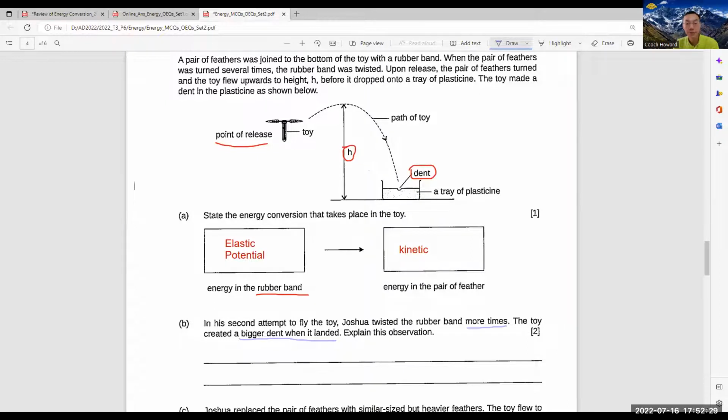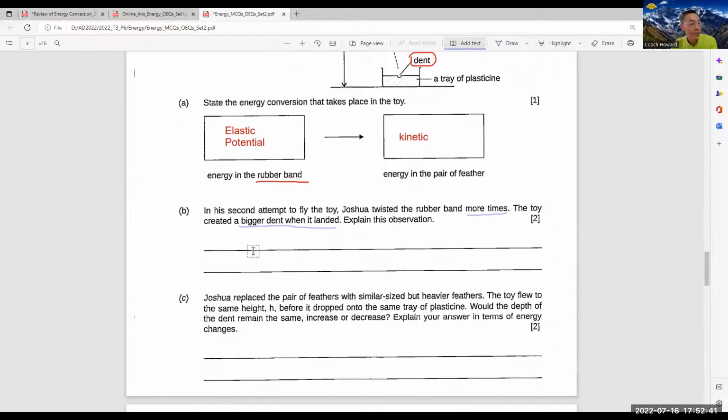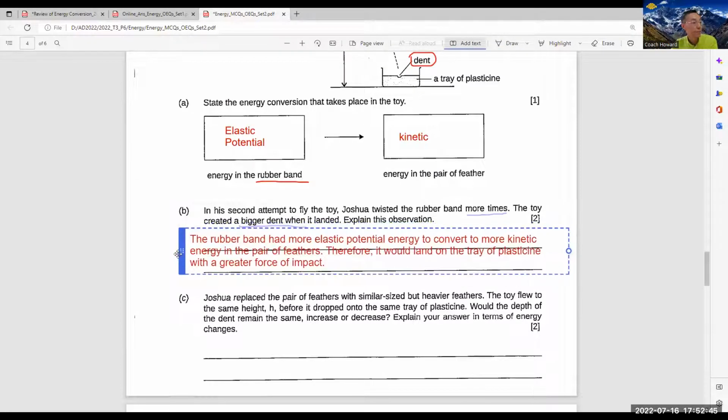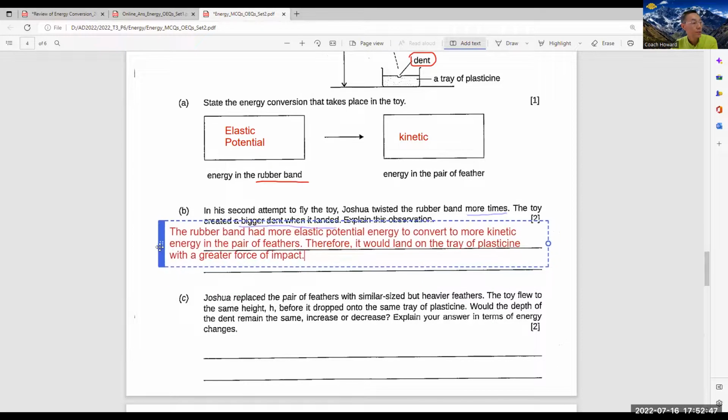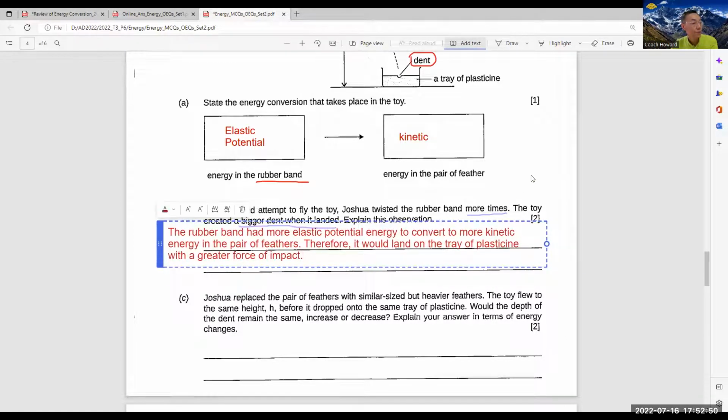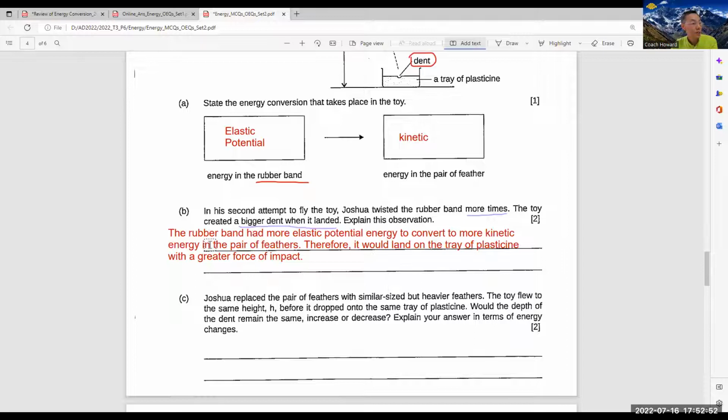Okay, so for this question, you should mention that the rubber band had more elastic potential energy, which will be converted to more kinetic energy in the pair of feathers.